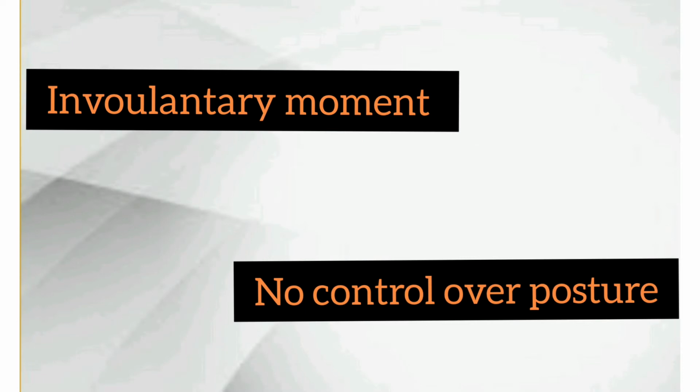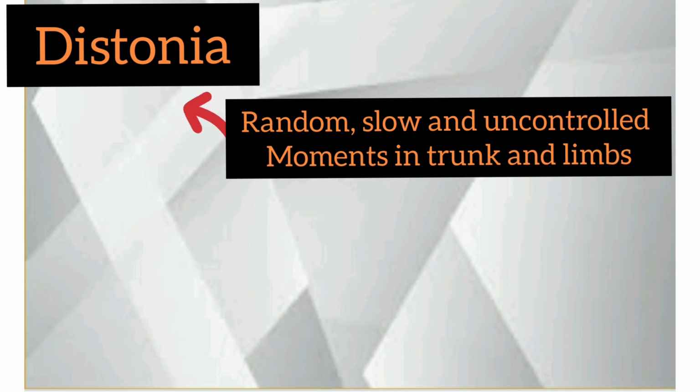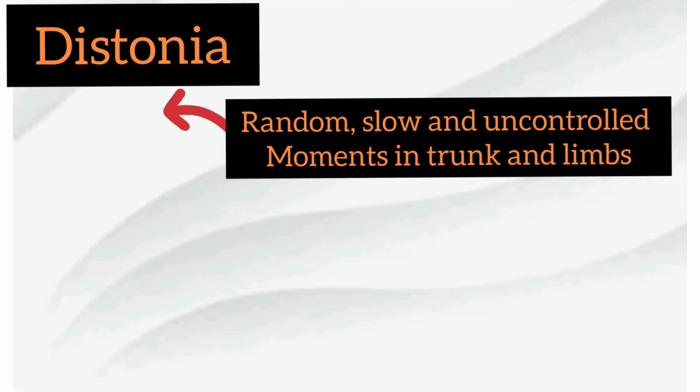This damage of the basal ganglia is characterized in two types. One is dystonia and the other one is chorea. What is dystonia? Dystonia is very random movements in the body, slow and random, basically in the limbs and in the trunk.